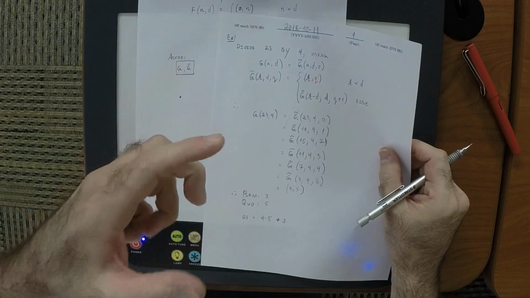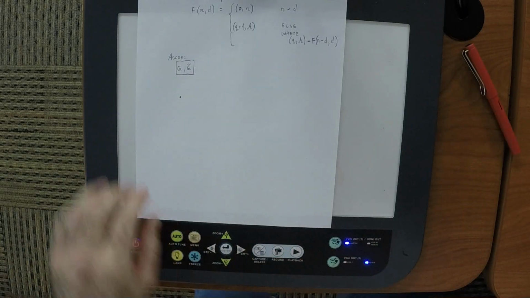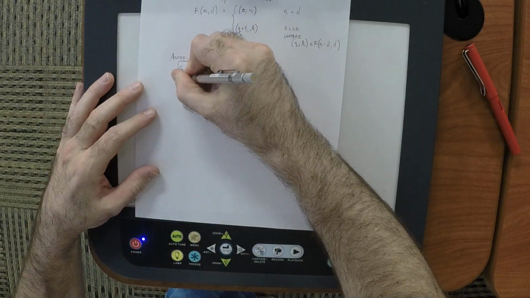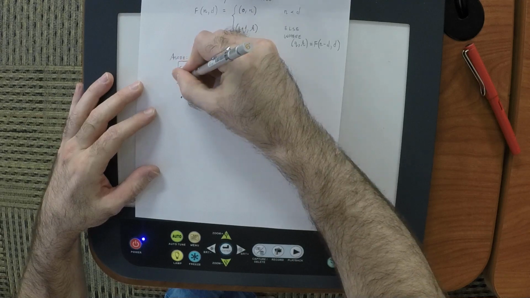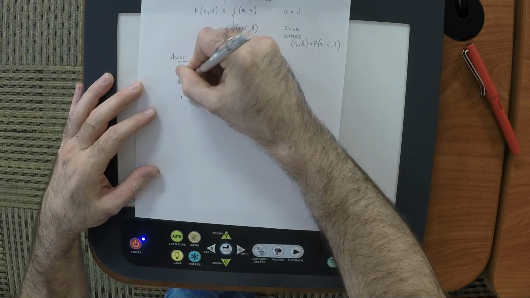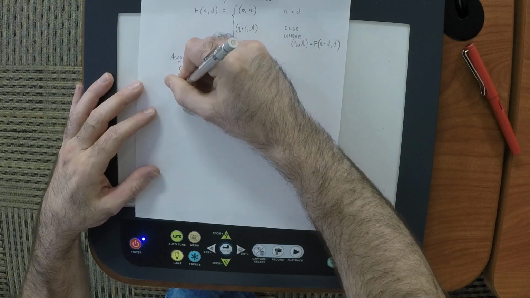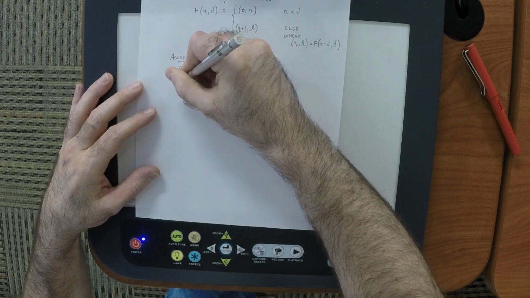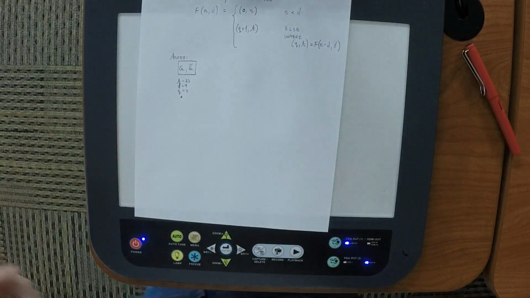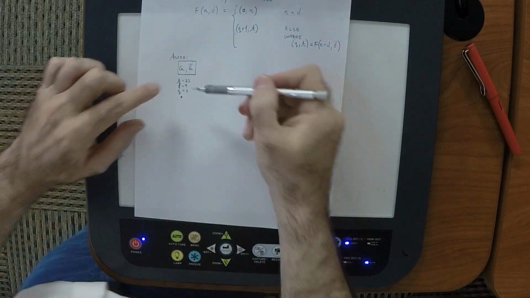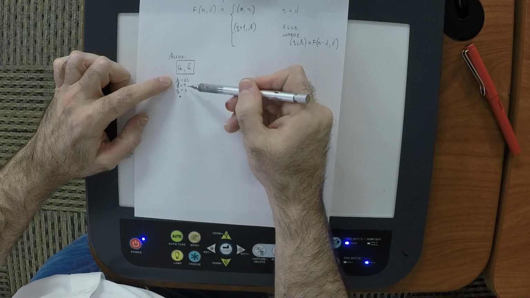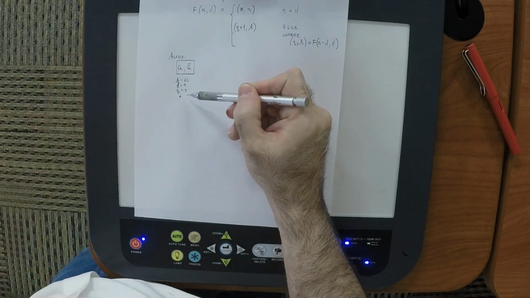R, D, and Q. So to begin with, R is 23, D is 4, and Q is 0. So that's how the process begins. That means 23 M&Ms, we're making groups of size 4, and the counter currently reads 0.